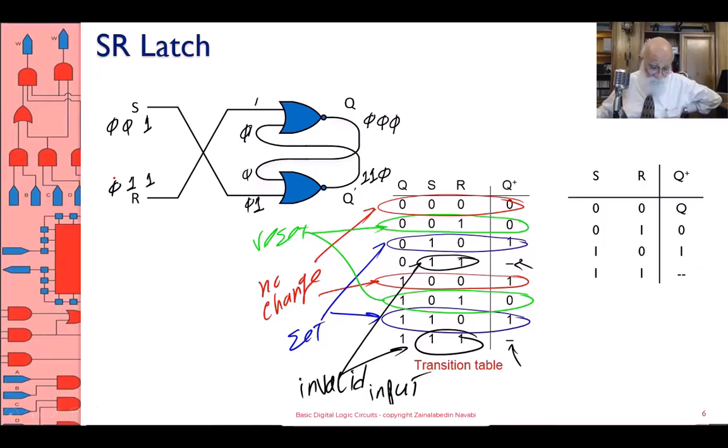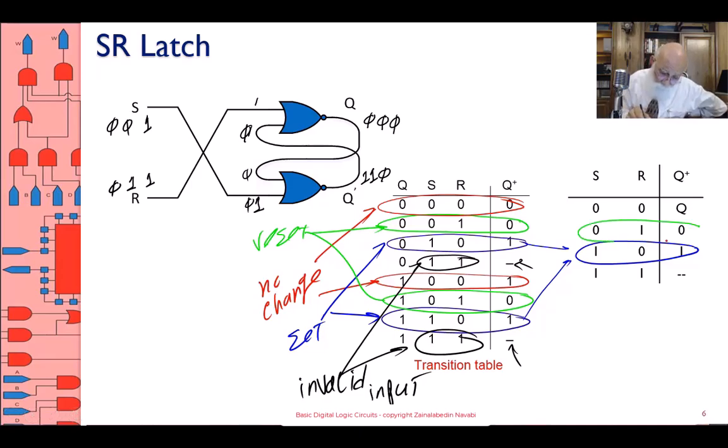If S changes, Q plus becomes 1, whatever it was, which means these two cases. If R changes to 1, Q plus becomes 0, regardless of what it was.